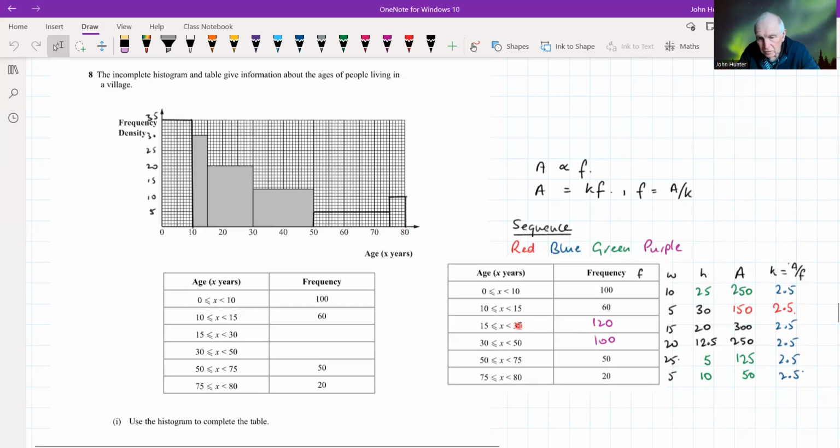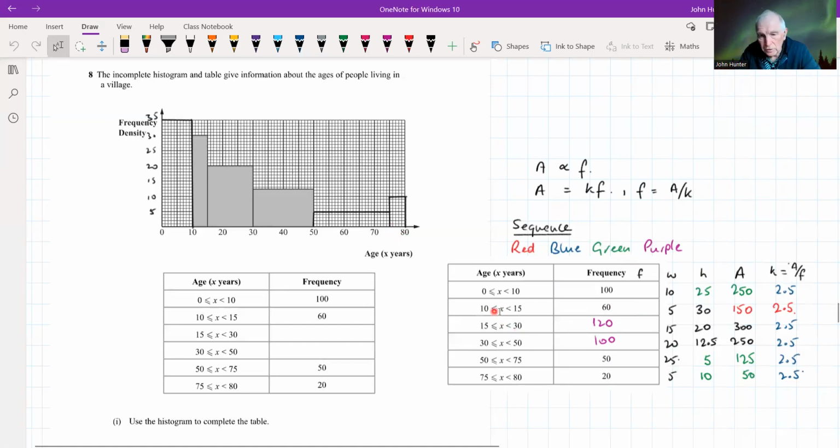In the case of 15 to 30, we don't know the frequency, nor 30 to 50. So there's only one complete set of information that we can use, and that is this band. This is frequently the case with these questions, but that's all we need.